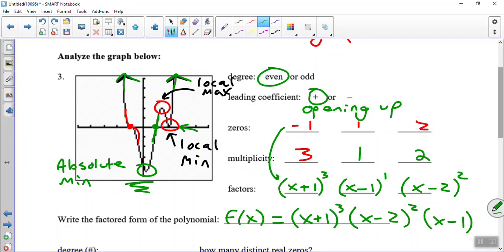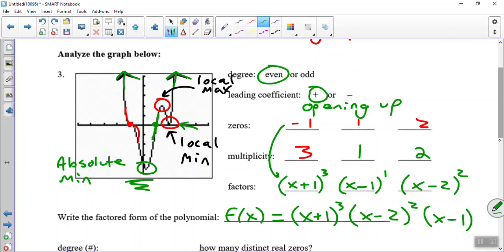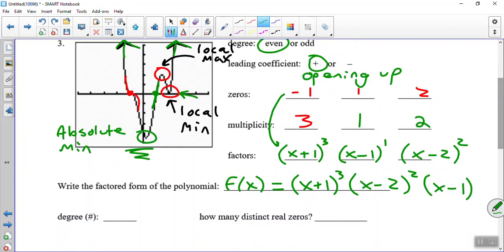Now the question is, what degree is this function? Okay, look at the multiplicities. That will tell you the total zeros. There are 3 distinct zeros here. But since they have different multiplicities, it's going to increase the total number of zeros. So if you have a multiplicity of 3, that counts as 3 zeros.